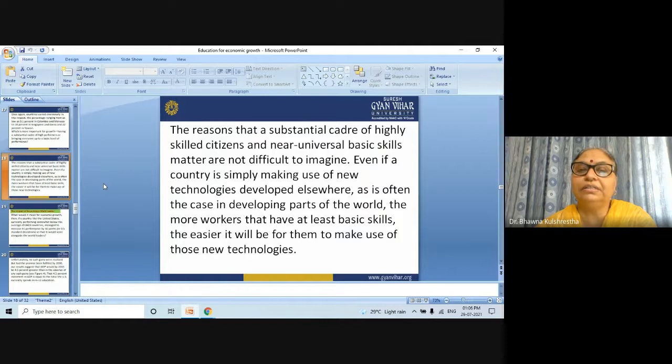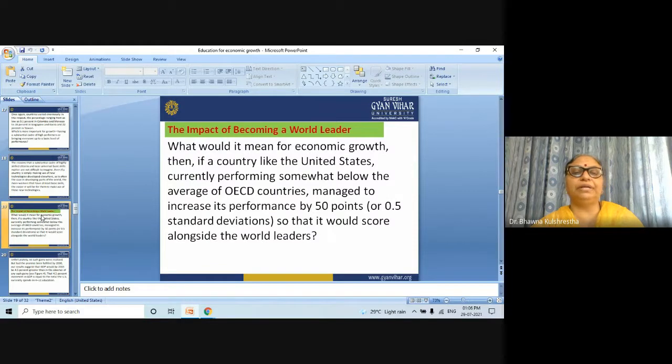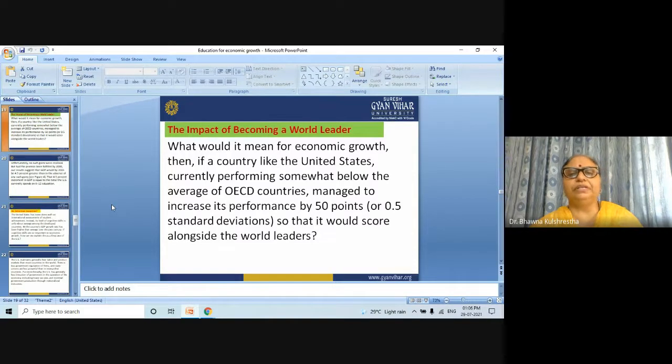What would the impact of becoming a world leader mean for economic growth?